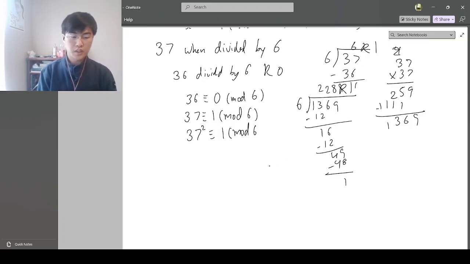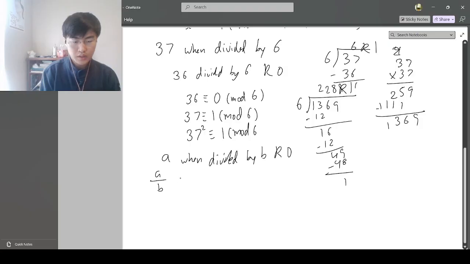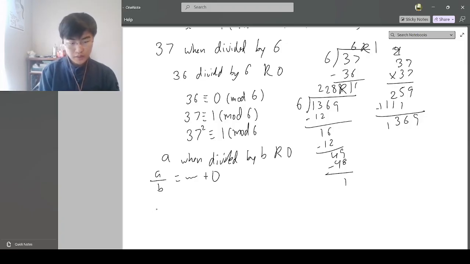So we can also try with variables essentially. Let's say that a when divided by b gives me a remainder of 0. So in other words, this will leave me with a remainder of 0. Let's say I can rewrite a.